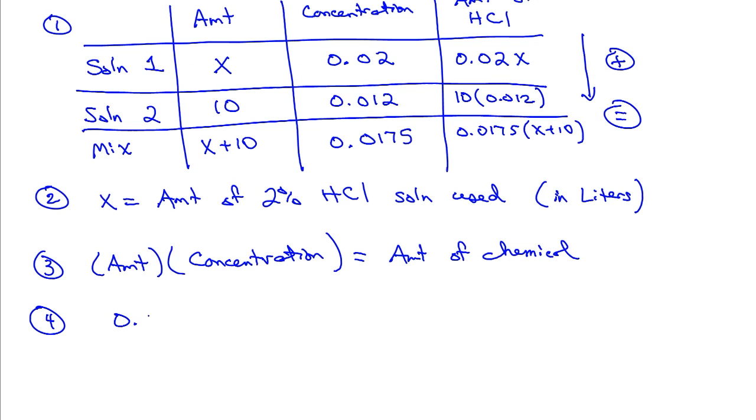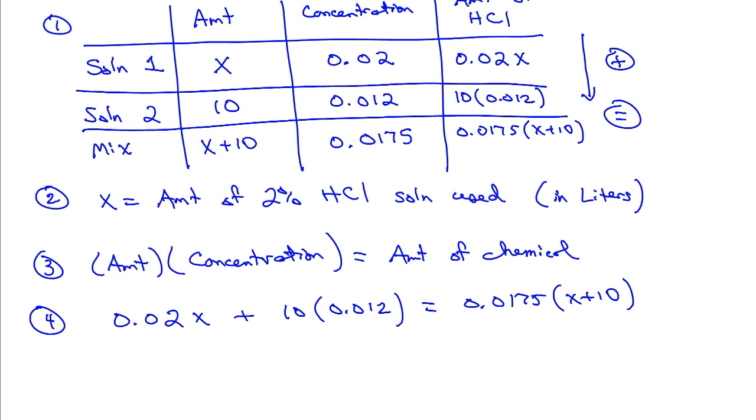So 0.02x plus 10 times 0.012 is equal to 0.0175 times x plus 10. Now let's simplify. So 0.02x plus 0.12 is equal to 0.0175x plus 0.175.